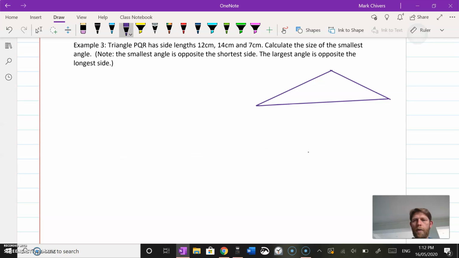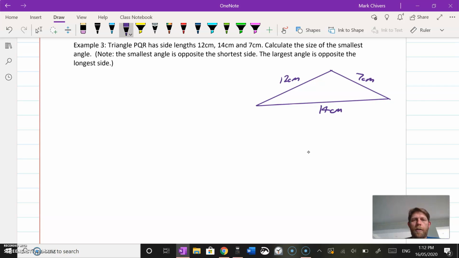All right, so there's my triangle, and obviously this is going to be my longest side, so I'm going to call that one the 14 centimeter one, and I've got a 12 centimeter side, so I'll make that my second longest, and I've got a 7 centimeter side, and it's quite clear that this is not to scale. And I want to calculate the size of the smallest angle.